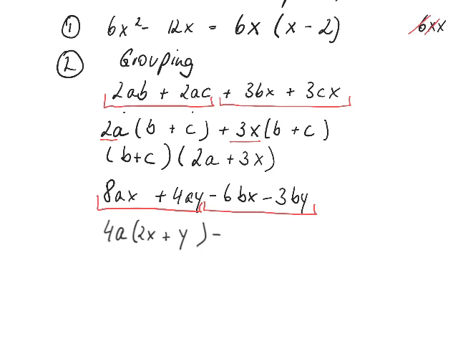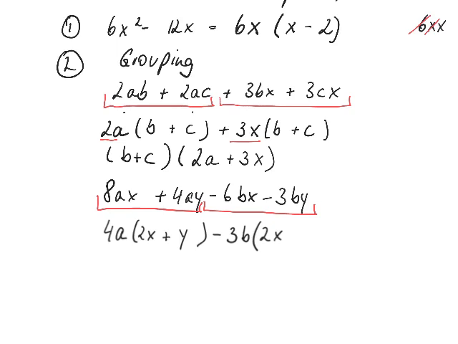Okay, so what can I take out? 6bx, 3by, I can take out 3b. Minus 3b. If I take out 3b, I'm left with 2x, because I've taken out the b, and 6 divided by 3 is 2.